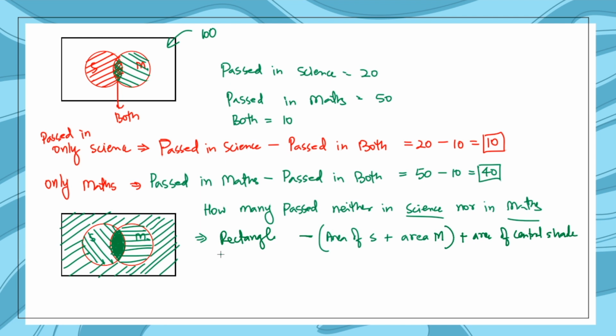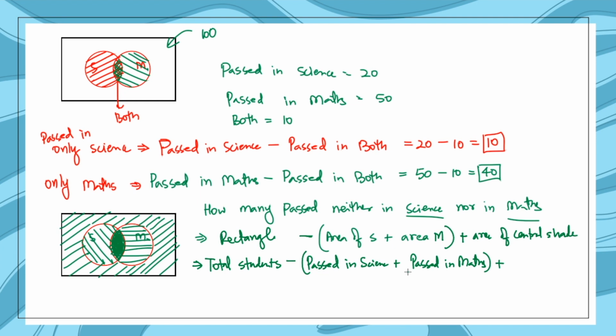So now if I convert this whole statement in terms of this question, what I will say is: total students, the rectangle is telling us about total students, minus area of S, those who passed in science, plus those who passed in maths.